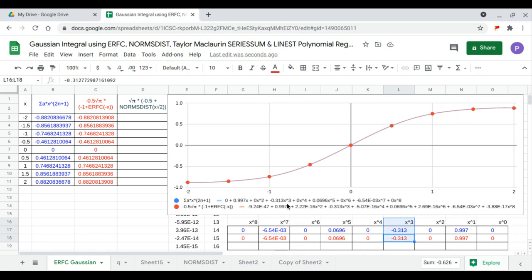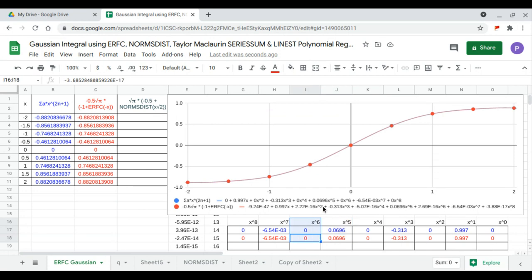Coefficient of x cubed is minus 0.313, and it's also minus 0.313. Coefficient of x to the fourth, 0. Here it is minus 5.07 times 10 to the minus 16. That's already 0. X to the fifth is 0.0696, and it's also 0.0696.